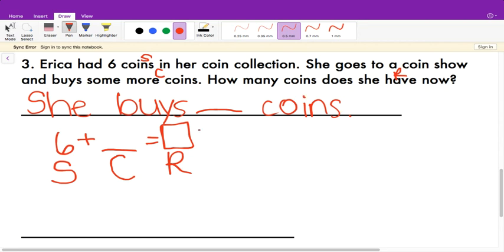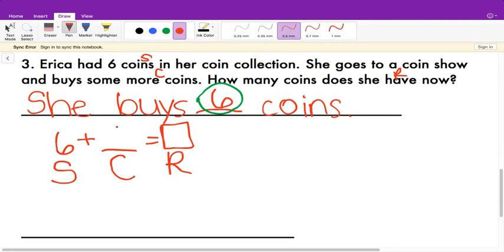And for this problem, I'm going to say she buys 6 coins because I want to make this a doubles equation. But you could have put any number here that you wanted. This can be anything that you want it to be because you're adding your own information.